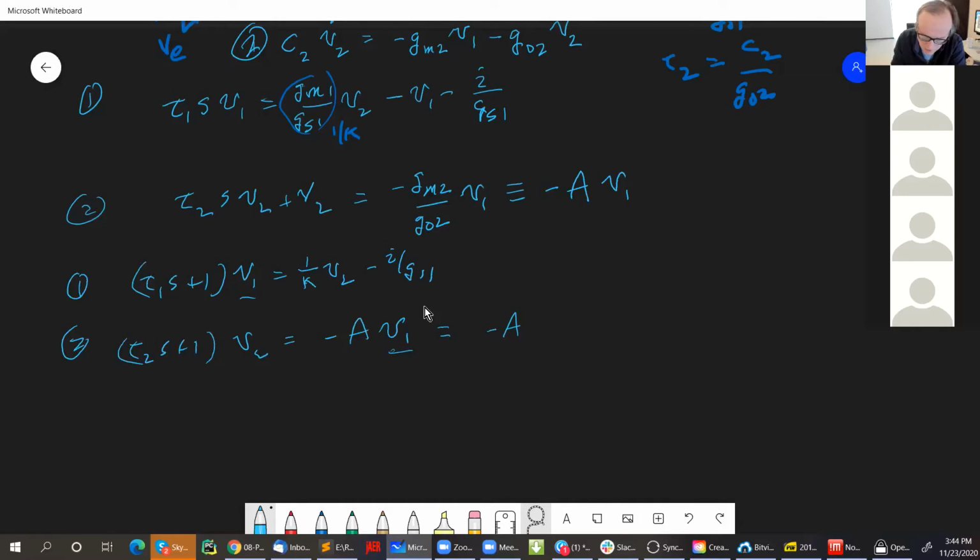V1 is 1 over kappa V2 minus I over GS, divided by tau1 S plus 1. Now we have an equation with V2 on both sides. So we had to put the V2 term on the right here, we had to put it on the left. And then we have the solution.